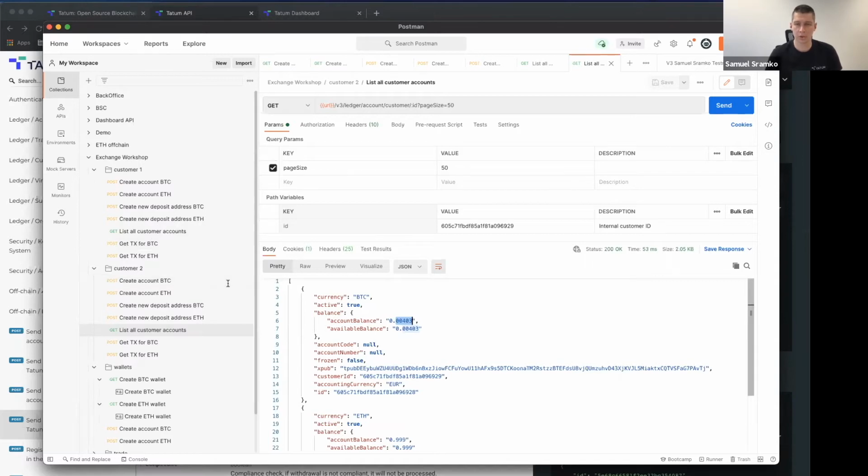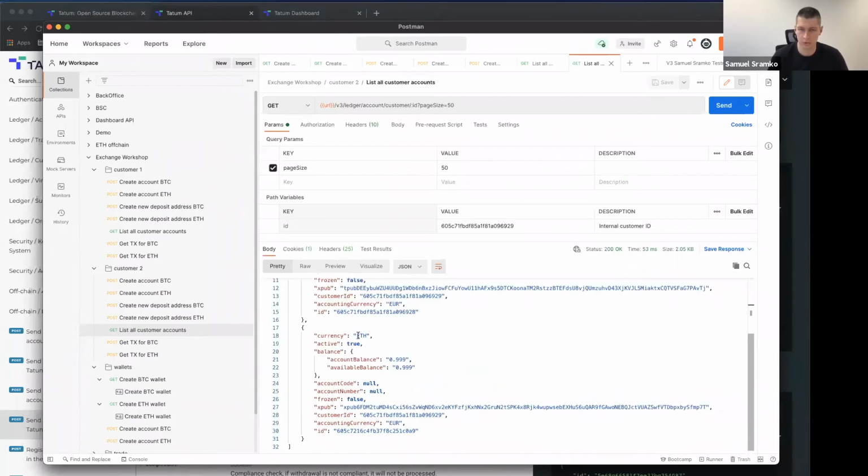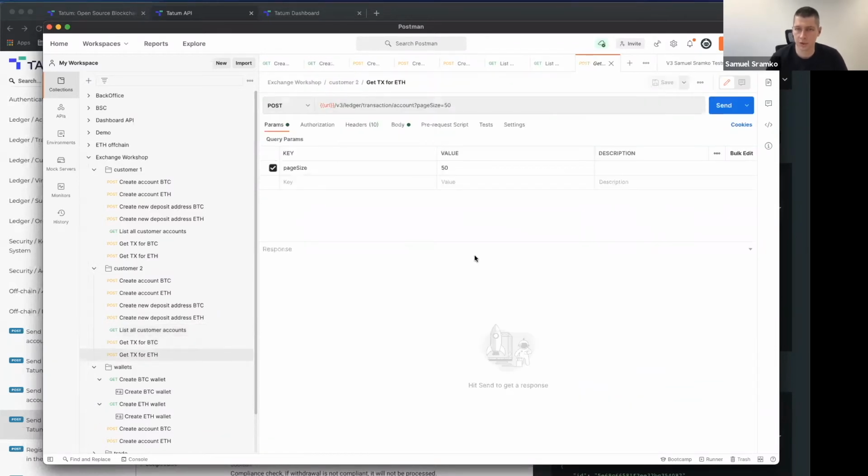And also when the user clicks on the detail of one specific account, for example, you want to see what is happening on Ethereum, there is an endpoint get transactions for Ethereum account. This endpoint also leverages the Tatum ledger and Tatum ecosystem.